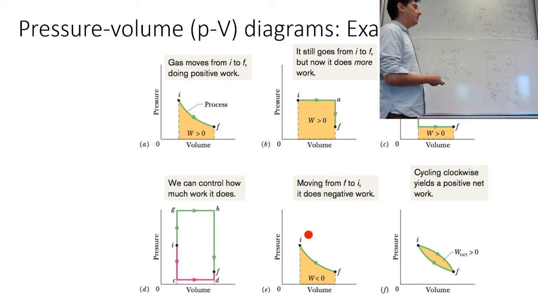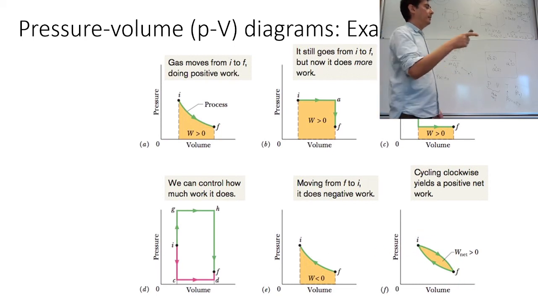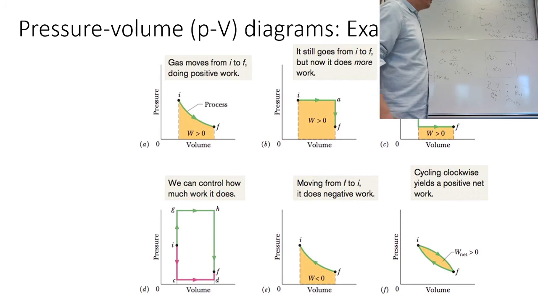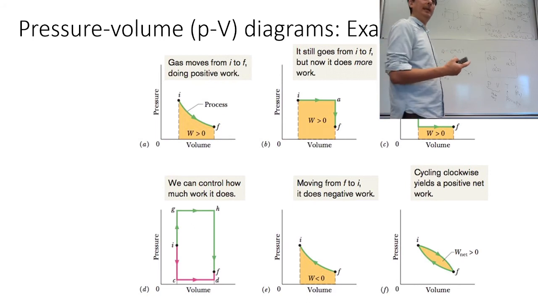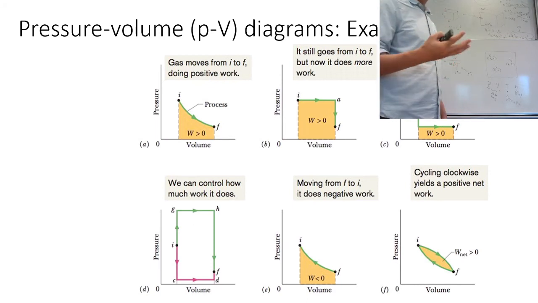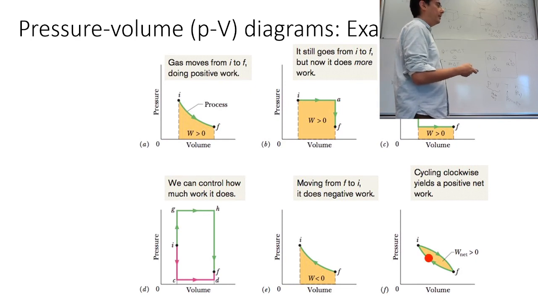Now if you go the opposite way, because you do this integral in the reverse direction, this will actually be doing negative work. So if you go in a cycle like this, in the first leg you do the amount of work given by the area under the graph of the first leg, but in the second leg the amount of work is less in magnitude, and it's negative.